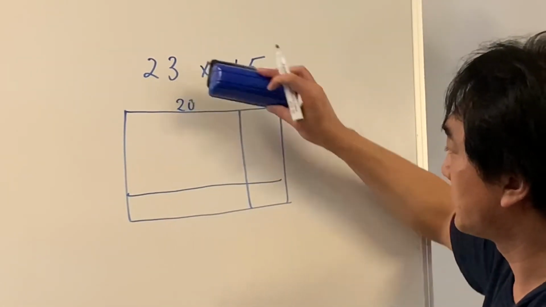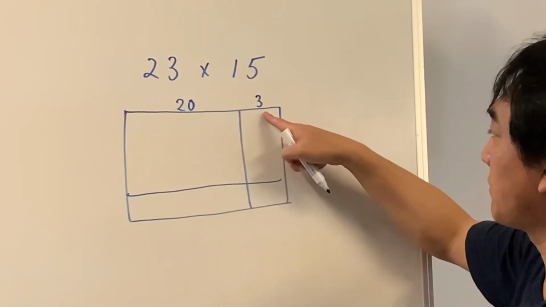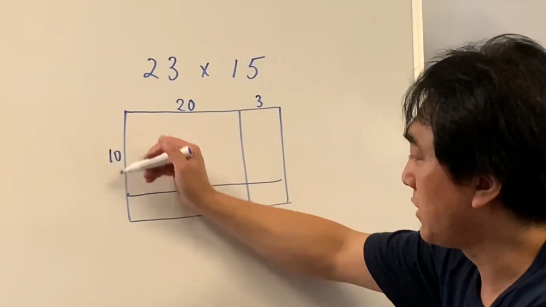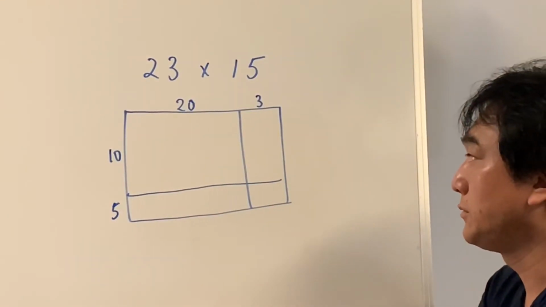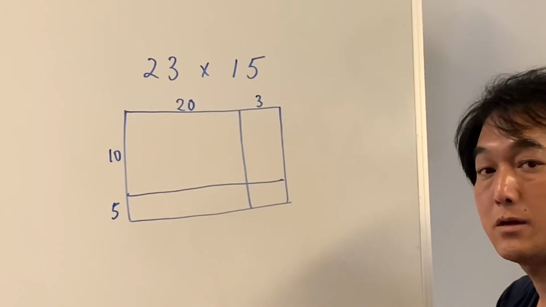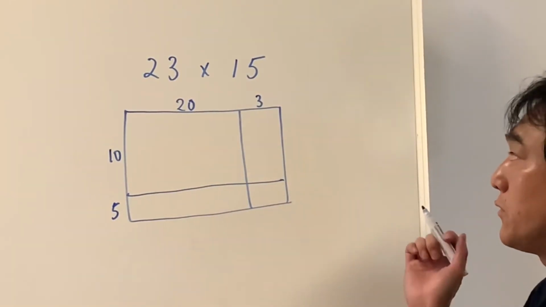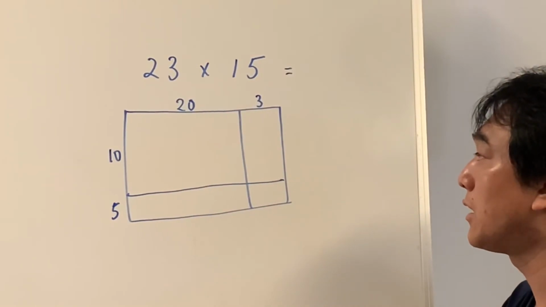Let's do this first. 23 this way, right? 23 times 15. I'll leave this like this. Let's see if you can do the whole thing in your head. 23 times 15 is, I'll pause the video.